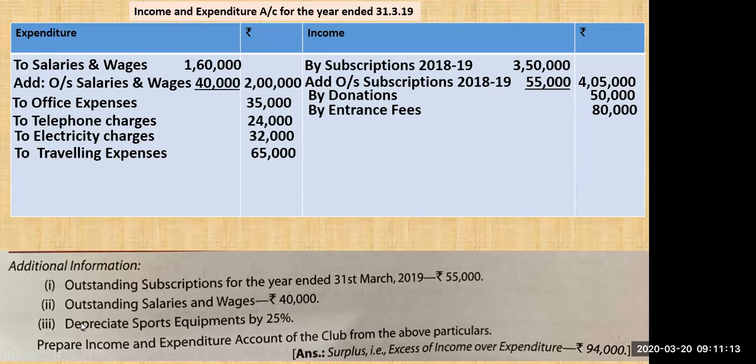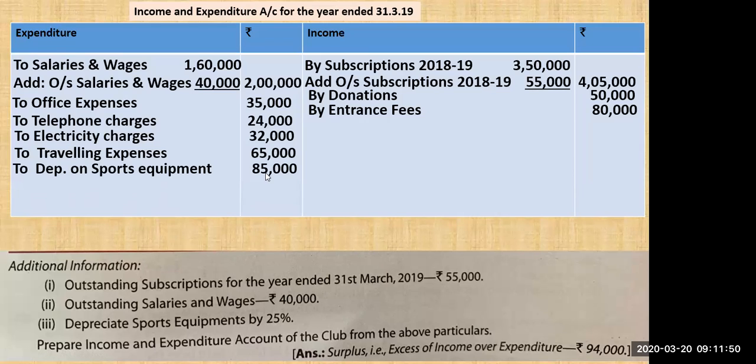Then next is depreciate sports equipment by 25%. In the balance sheet we will subtract 85,000 from the asset. 85,000 of what? How did you get it? Sports equipment was 3,40,000. 25% of 3,40,000 will be 85,000.